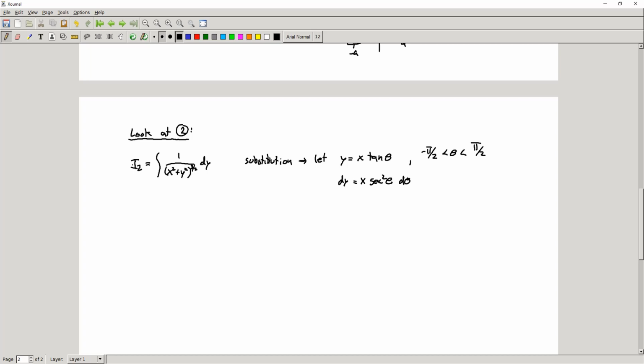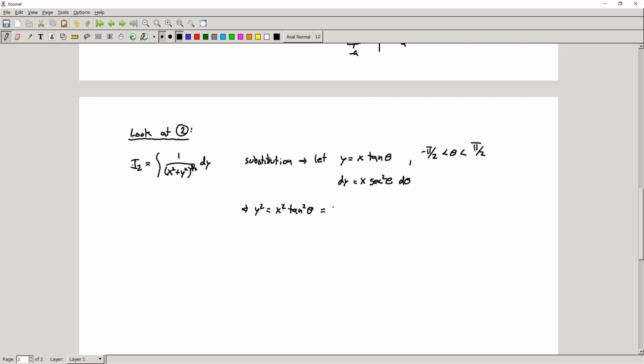And so what is this telling us? Well, we're going to need y squared, right? Because we have a y squared in the basement here. So let's manipulate this y substitution a little bit. This means that y squared is equal to x squared tan squared theta, but maybe I'll rewrite it like this.